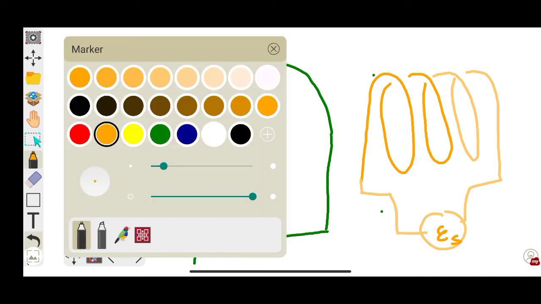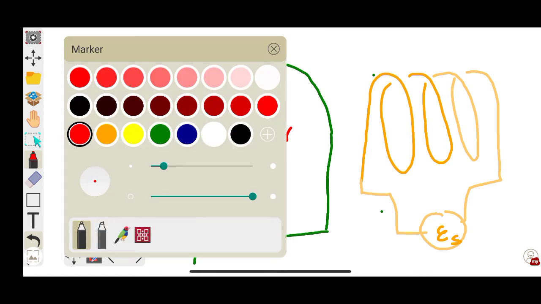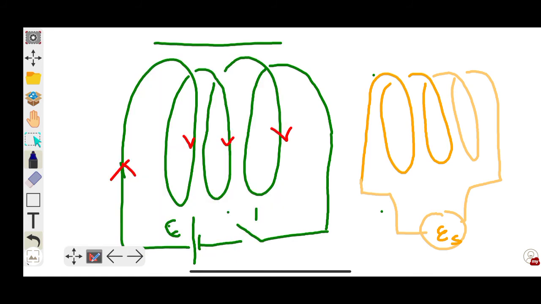And now you have given some current through this. The current is this, and that current is then leaving. So that means the magnetic field will be in the same way, so I'll choose a different color for the magnetic field so that we should not mix the lines.